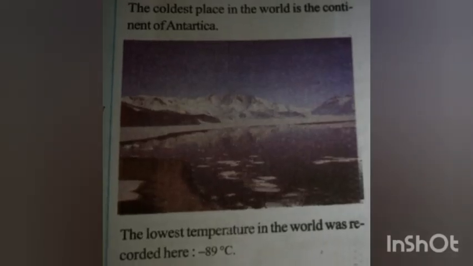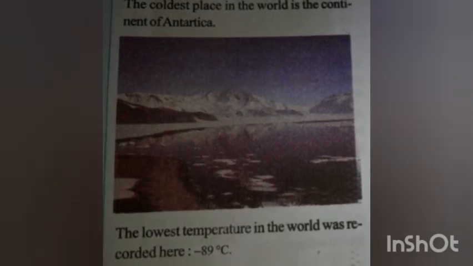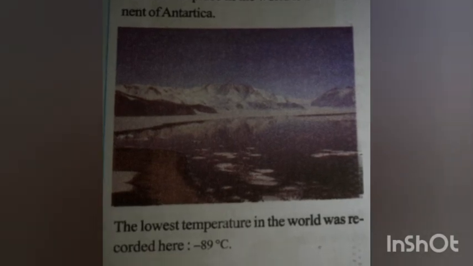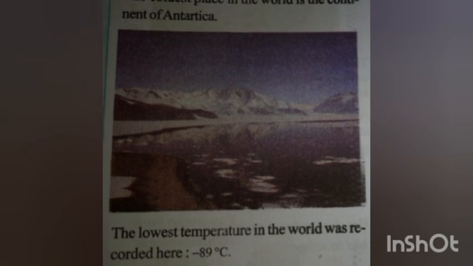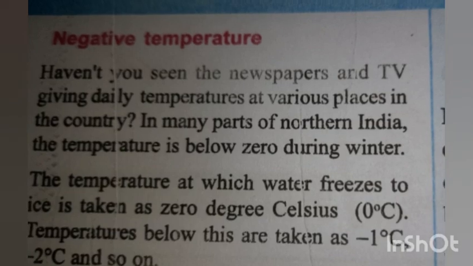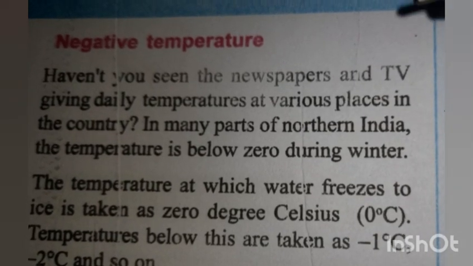The coldest place in India is Dras, a town in Kargil district of Kashmir, and the temperature recorded at that place is minus 60 degrees. That is the lowest temperature. The coldest place in the world is the continent of Antarctica. The lowest temperature recorded here is minus 89 degrees Celsius. In the TV and newspaper, we can see that in various places in the country, they say the temperature is below 0 during the winter season.